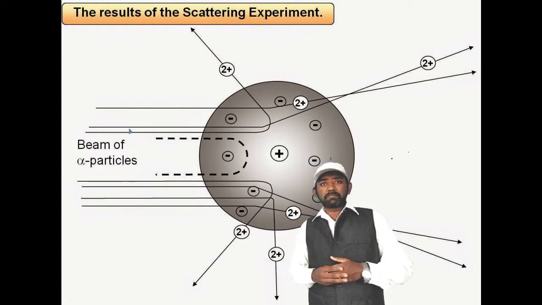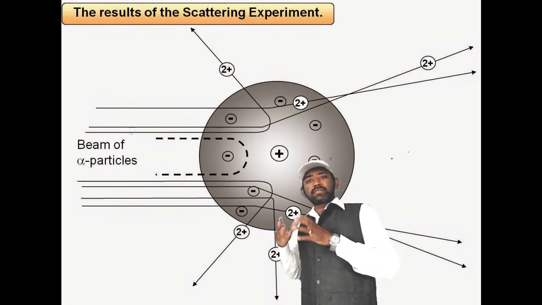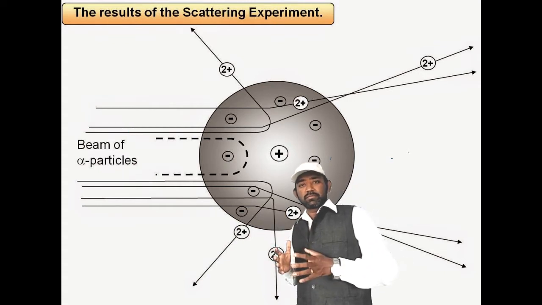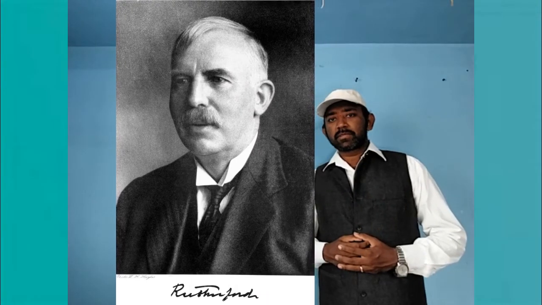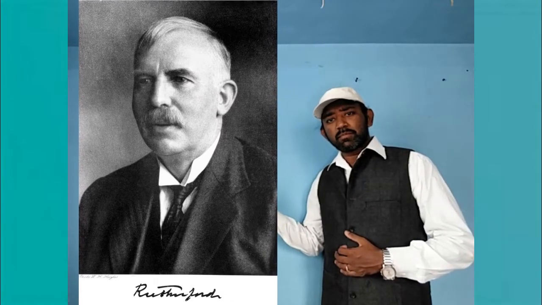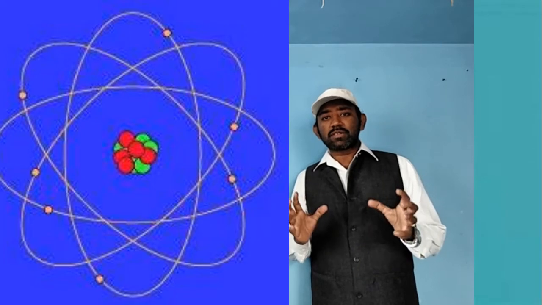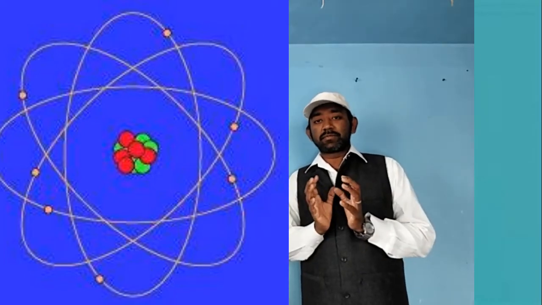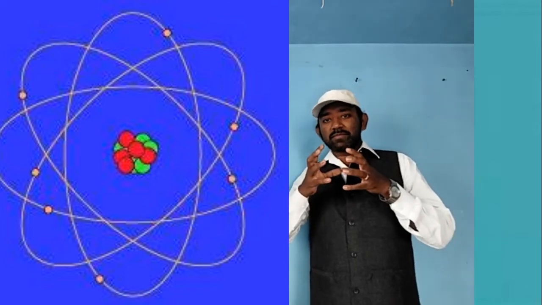At that time, Rutherford proposed the Rutherford atomic model. By using the alpha ray scattering experiment, Rutherford gave some postulates. The first is that the entire mass of the atom is concentrated at the center, which is called the nucleus.